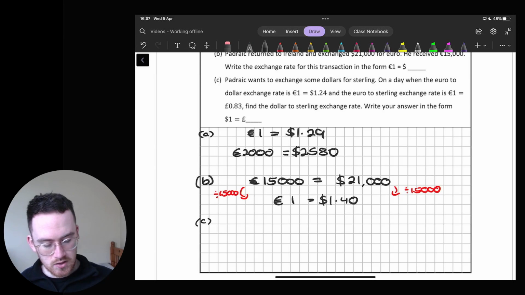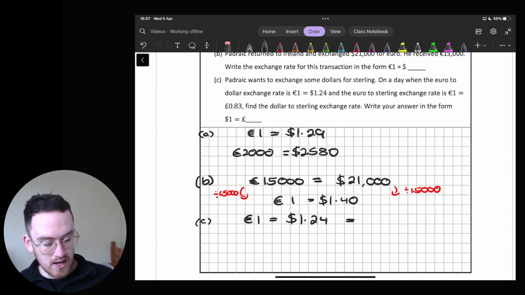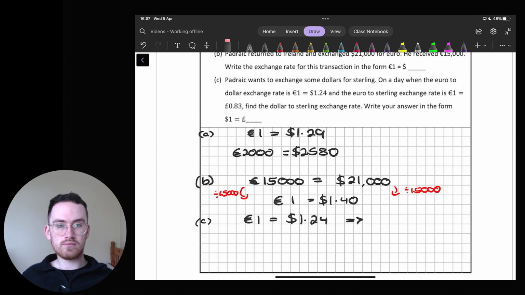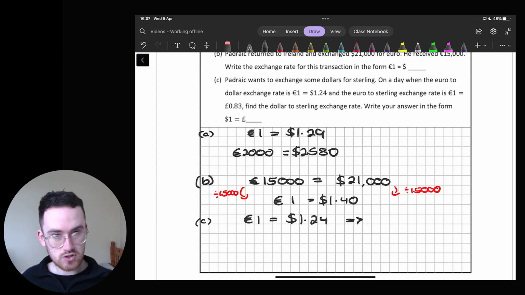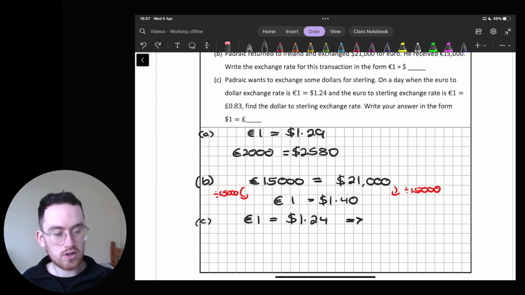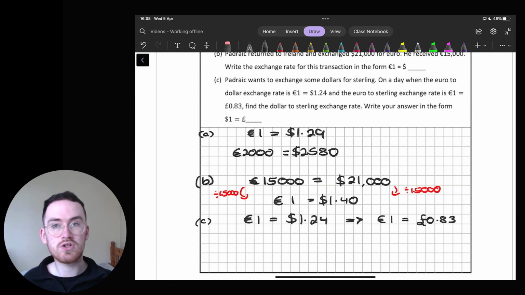Okay, so let's have a look. We know that €1 is $1.24 and our sterling exchange rate is also in terms of €1. So let's try and work this out, relating them to each other. €1 is $1.24. €1 is also equal to 83 pence.